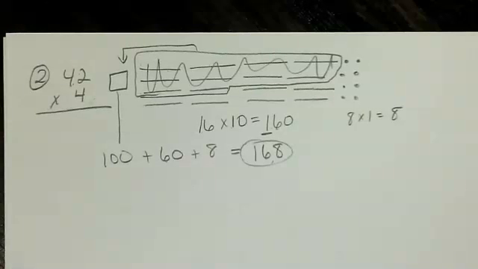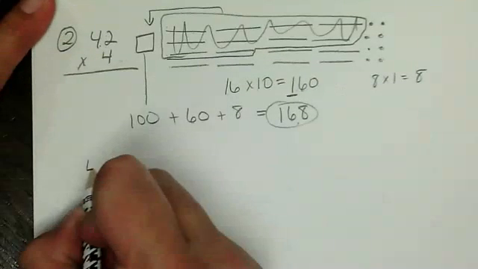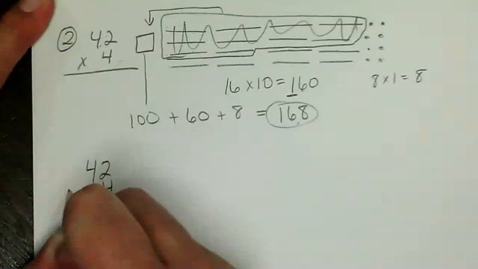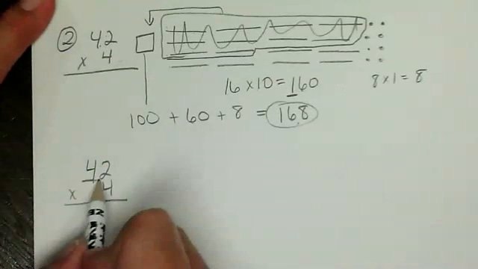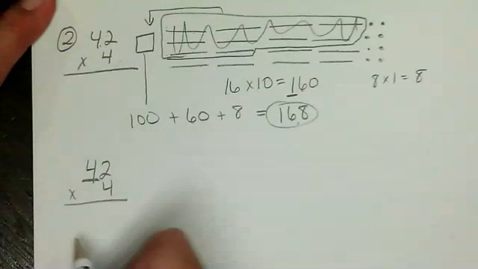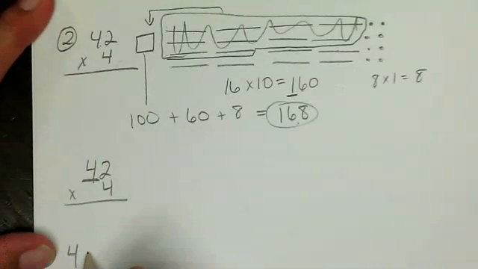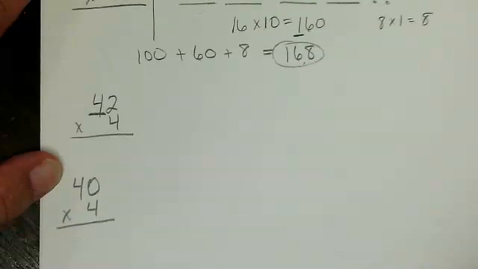Let's see what it would look like with partial product. 42 times 4, partial product. I have a 4 in my tens place. 4 times 10 is 40 times 4. 40 times 4.